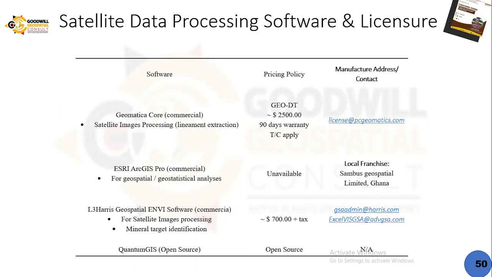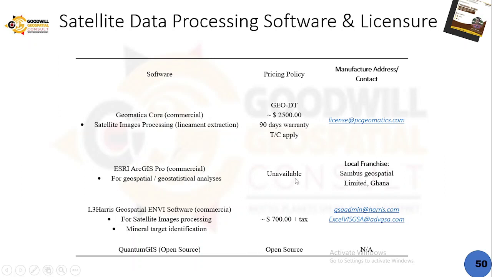These are software licenses. What software do you need, how to acquire them, and the price involved in their acquisition. For Geomatica, that's commercial software, this is the cost involved and this is where you can get them. You can email them to get the software. Then you have the Esri ArcGIS Pro, is commercial for geospatial and geostatistical analysis. You can use them to also process remotely sensed data.